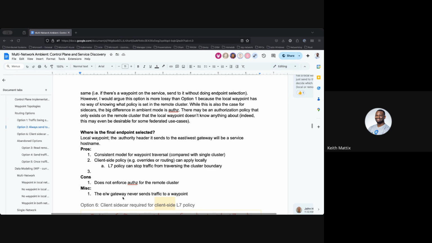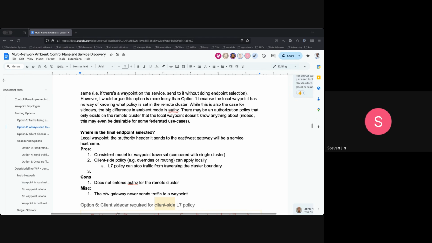To Mike's point in the chat, we can use metadata in order to not loop, like x44, or some internal headers. There are things we could do in the implementation to prevent the loop from happening, and basically have the waypoint say, okay, now we're going to pick an endpoint and no longer send to a different service, and keep everything local. That's more of an implementation detail, but I do think it's possible. You need to explore it.